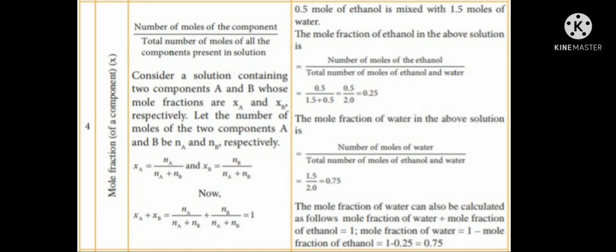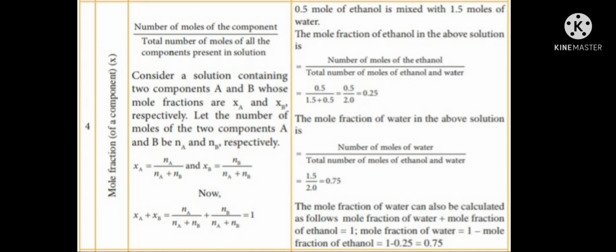Here the mole fraction of component A is given by Xa, which is equal to Na divided by Na plus Nb, and the mole fraction of component B is given by Xb, which is equal to Nb by Na plus Nb.